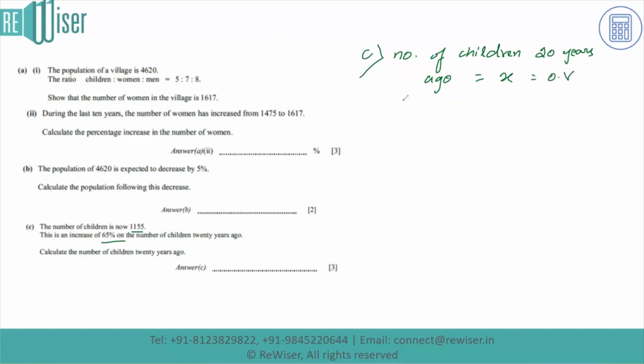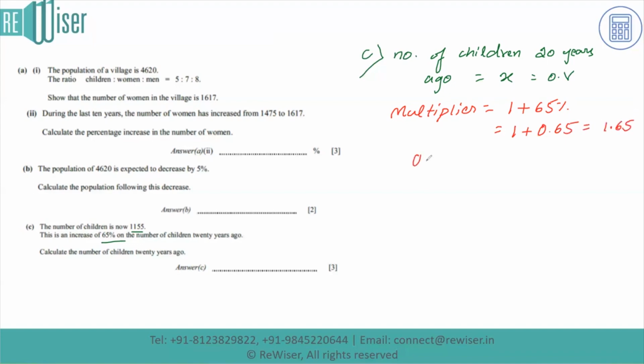And the multiplier would be, because it's an increase, 1 plus 65%, which is 1 plus 0.65, which is 1.65. So 1.65 will be the multiplier.